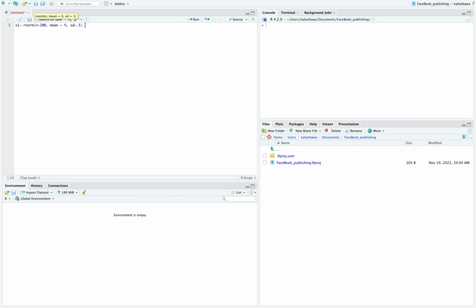And I will do the same for the second sample, s2. So that will be rnorm 200. I will fast forward instead of doing it one by one. You already saw how I created the first one. So 200, mean 9, standard deviation, this time around I will say 2.